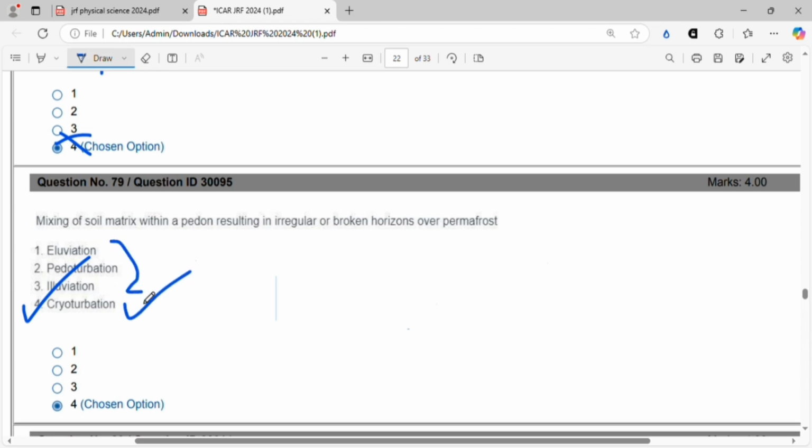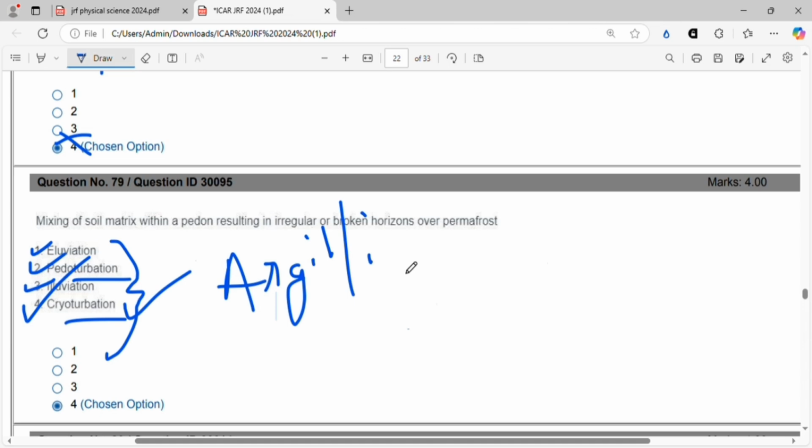Here you have to read all these processes very thoroughly, all the other options, and any other question in this year's JRF might come from one of these options and you have to answer it. So eluviation, illuviation, I think you already know. Eluviation and illuviation are fundamental pedogenic processes and pedoturbation is a specific pedogenic process, and it means the mixing of soil horizons, mixing of soil layers. And cryoturbation, pedoturbation, you have to know the difference. There is another turbation, argilliturbation, that is found in black soils where self-churning of soils due to swelling and shrinking of clay takes place.